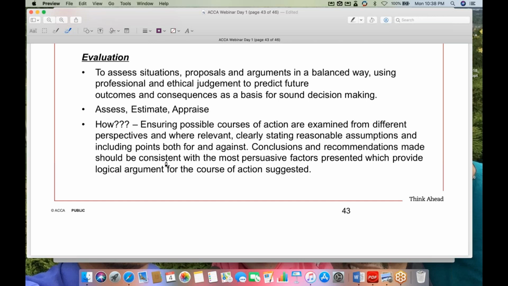So basically, under evaluation, you are supposed to be assessing, estimating, and appraising. What does this mean? What do you think it means? Assessing, estimating, and appraising.